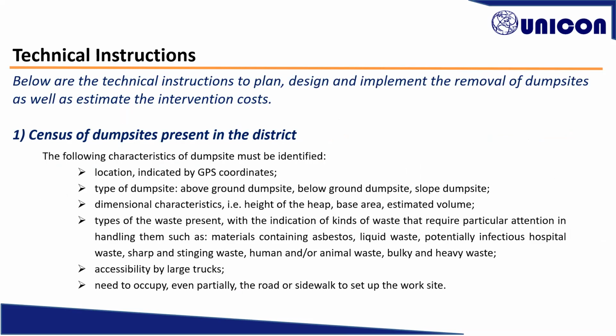Now we can see the technical instructions to plan, design, and implement the removal of dump sites, as well as estimate the intervention cost. The first step is the census of dump sites that are present in the district.